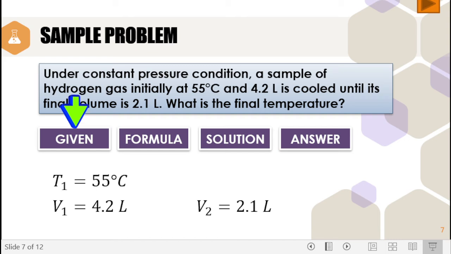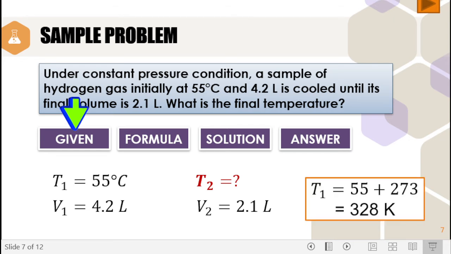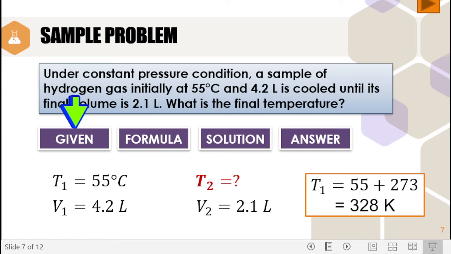Therefore, the missing variable in our problem is T2. However, let us always remember that in solving Charles' law, the temperature should always be in Kelvin. So let us first convert T1 into Kelvin. 55 plus 273 is equal to 328 Kelvin.